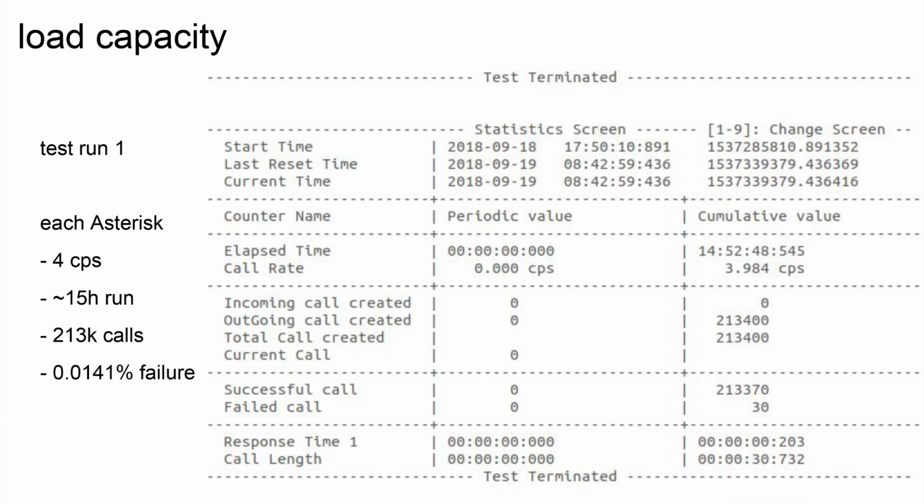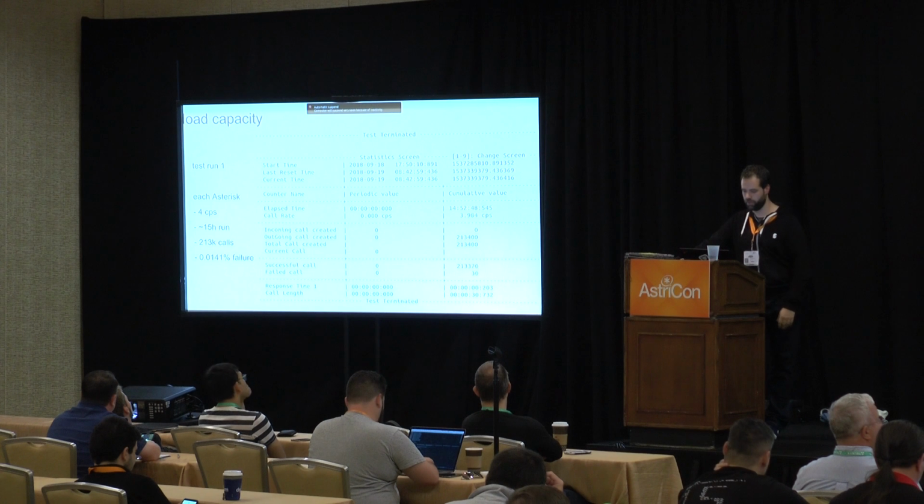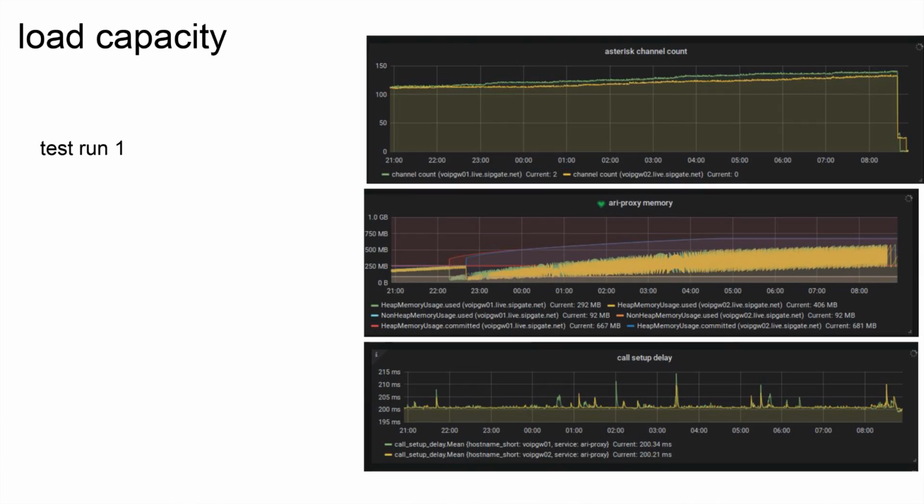The test was about 15 hours. We had 213,000 calls for each Asterisk, and we had a failure rate of 0.0141%. So it was okay, not too bad.